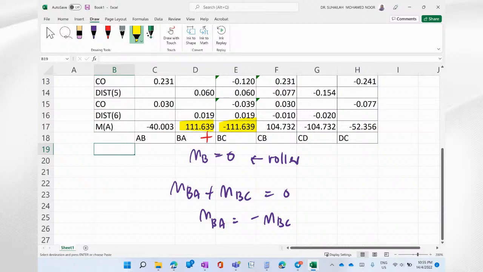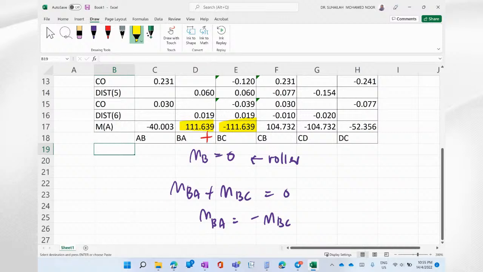We must always get like this, unless there is an external moment or couple moment given at that particular joint, stating that there is a moment value at the joint. Without that, the moment equals 0, like this. So that is why we have to make sure that for BA and BC, the value must be the same but in opposite condition.